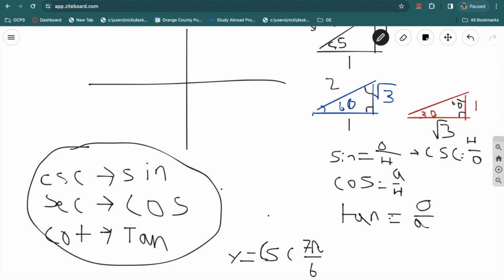After you recognize all of that, you find where your angle is. So it's 7 pi over 6. That means 1 more than 6 pi over 6. We know 6 pi over 6 is pi, so it must be 1 more than that, so it must be here in the third quadrant.